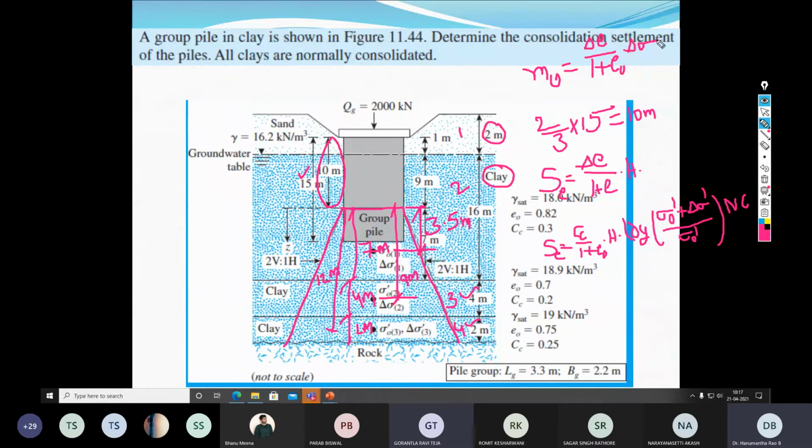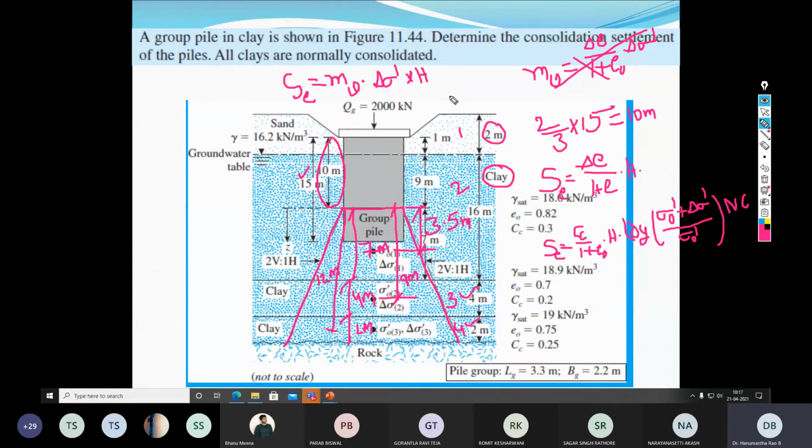Correct. So Sc is equal to mv into H into delta sigma. Instead of the Cc equation, you simply write Sc is equal to mv into delta sigma into H.